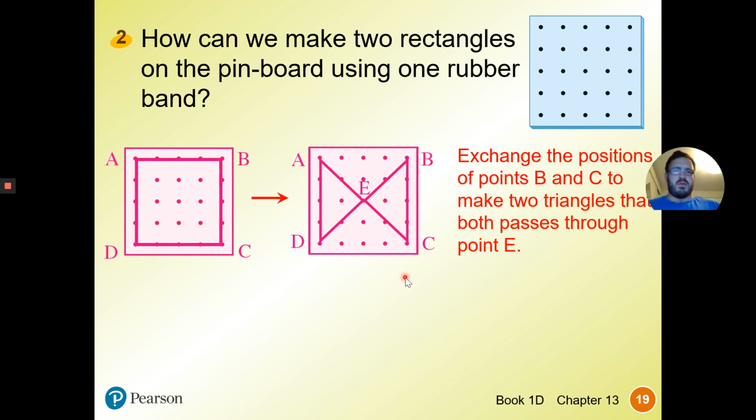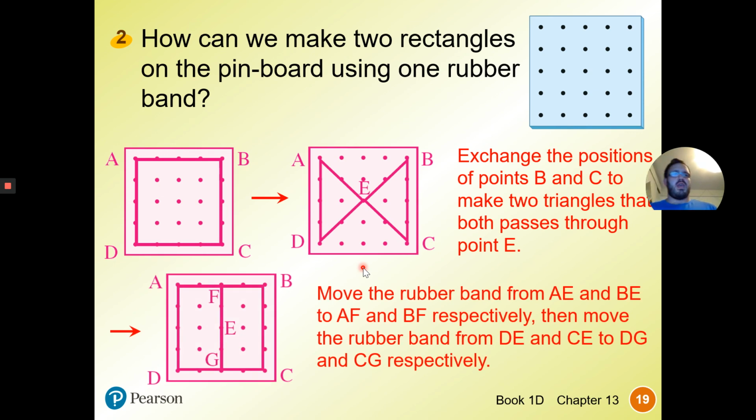I've twisted them in the middle, which then creates a new letter called E. I then move the rubber bands from A and E to the top and the bottom, creating a new AF, AE and BE to AF and BF. Then move the rubber bands from DE and CE to DG and CG. So I've made myself 2 rectangles.